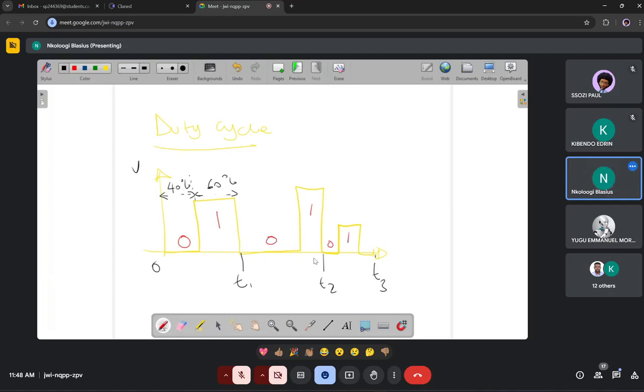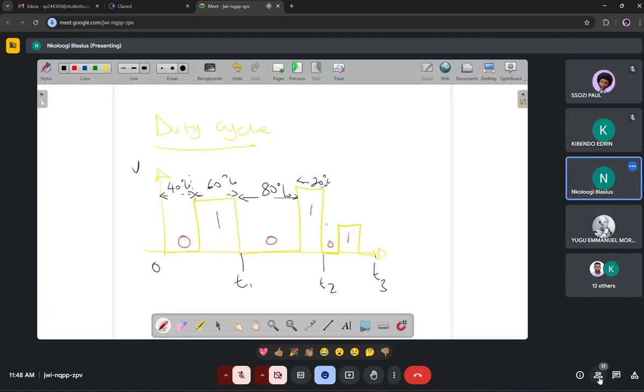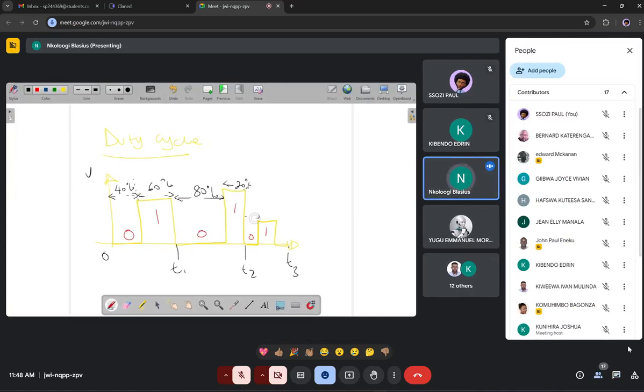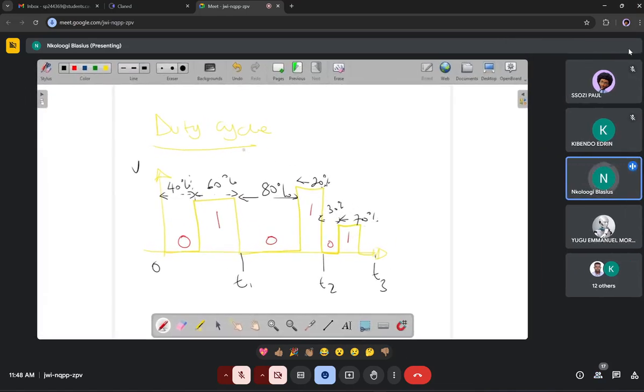And here again, if we try to estimate our percentage, can we call it 80%? And this could be 20%. This is maybe, can we give it 30% when it was off, and when it was on, give it 70%.